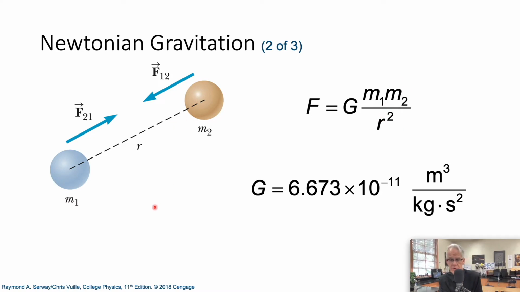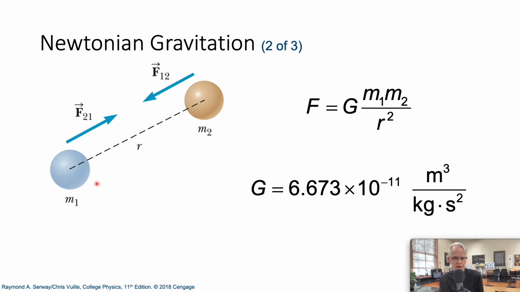Now, from Newton's third law, we know that the force exerted by m1 on m2, designated F12, is equal in magnitude but opposite in direction to the force F21 exerted by m2 on m1, thus forming an action-reaction pair.